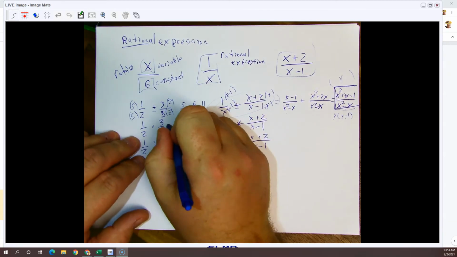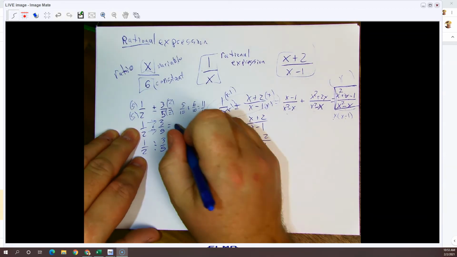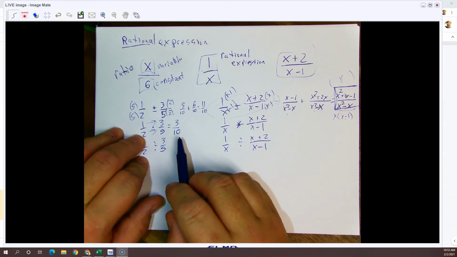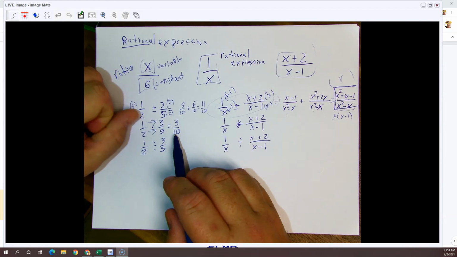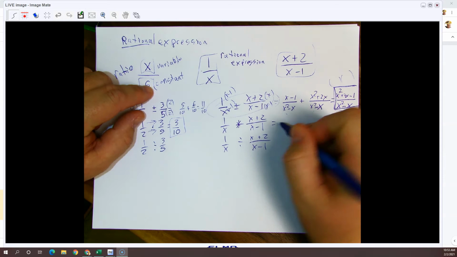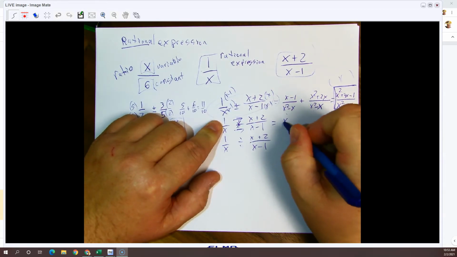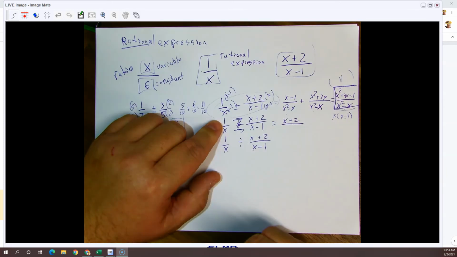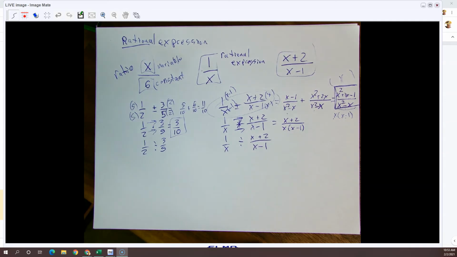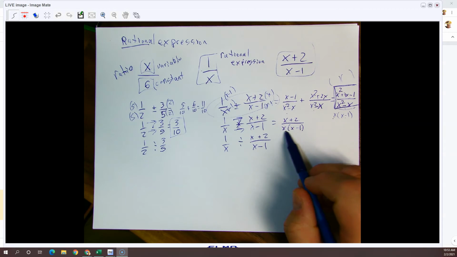Now, when I multiply fractions, I'm simply going straight across the top, straight across the bottom. So that's going to be 3 over 10. You'll notice the denominator does change when we have multiplication of fractions. And we would try to reduce it at this point. Likewise, I'm going to go over here and say straight across top, straight across the bottom. X plus 2, because 1 times anything is itself. And down here, I'm going to leave it just like this. I could have written it as x squared minus x, or I could have left it as x times x minus 1.